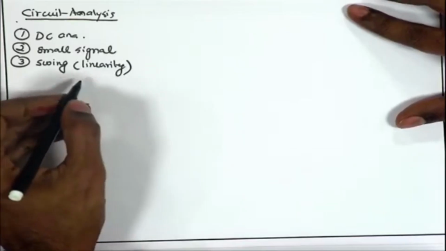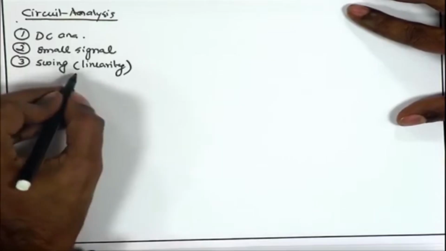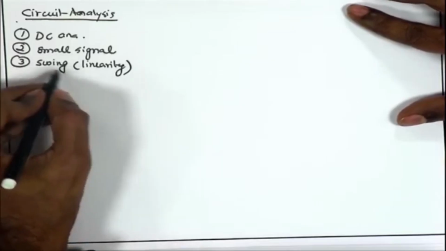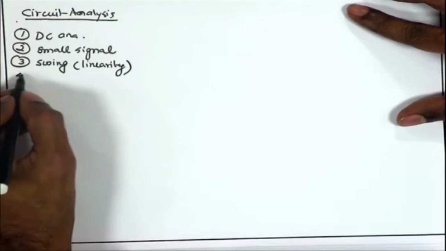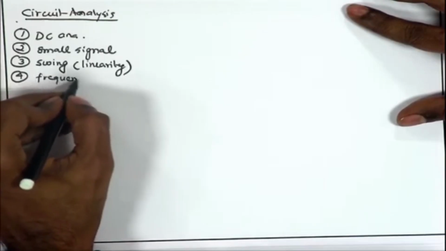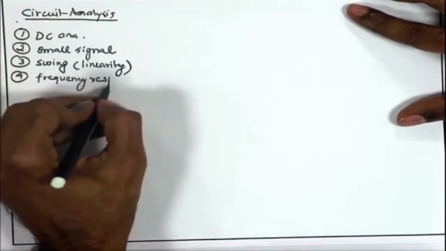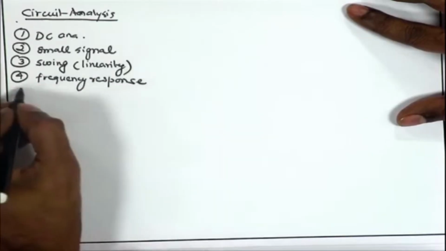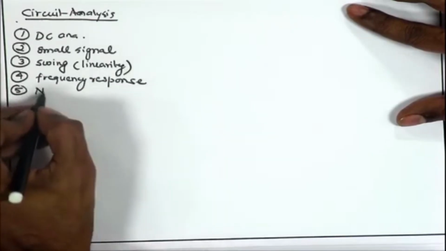Linearity in itself is a more involved concept. Here we will go for a slightly cruder definition, which is signal swing. And finally frequency response, and at the end noise analysis.